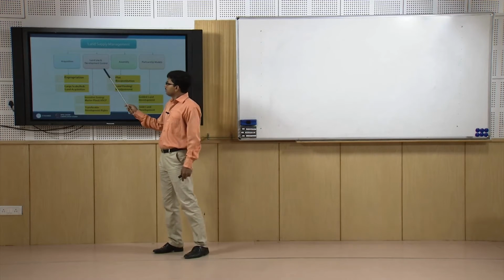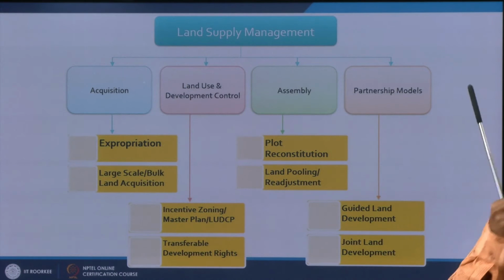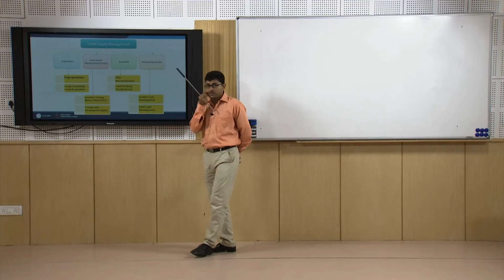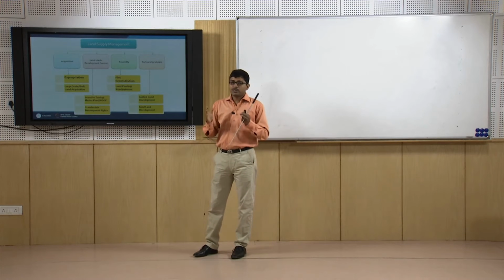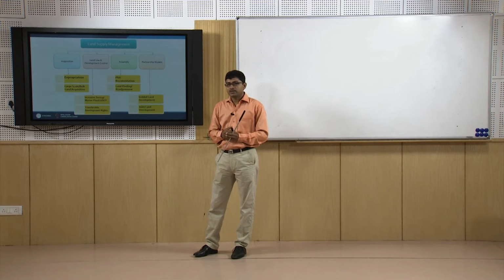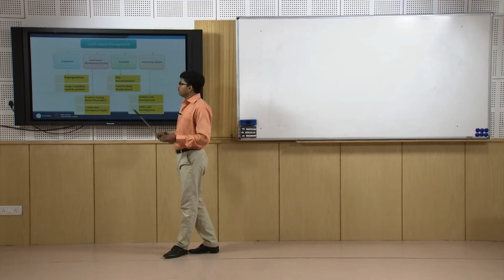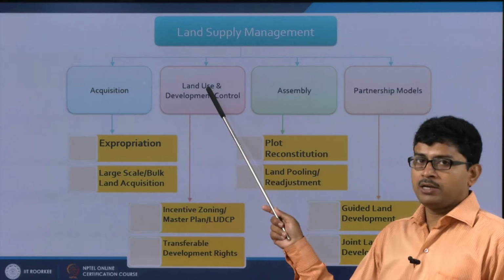In the second category, which is called land use and development control, in our last lecture we discussed the legal framework and institutional framework. Under that we discussed that state governments have the Town and Country Planning Act, and the Town and Country Planning Act basically assigns the land use and the development control.